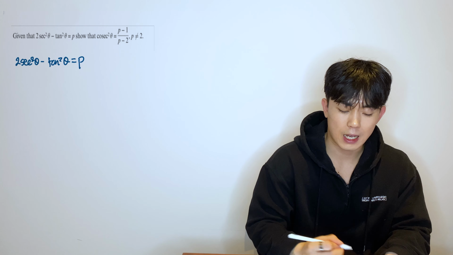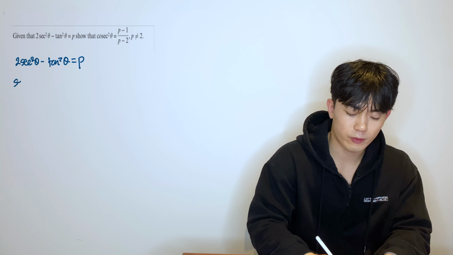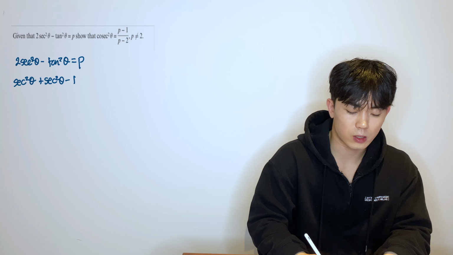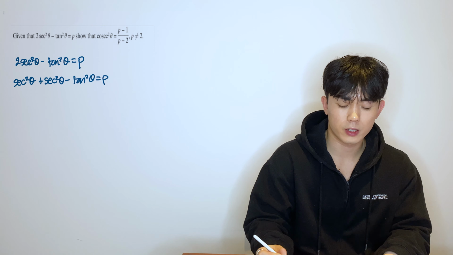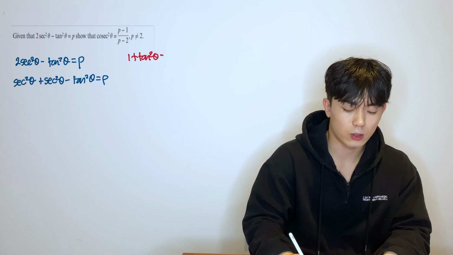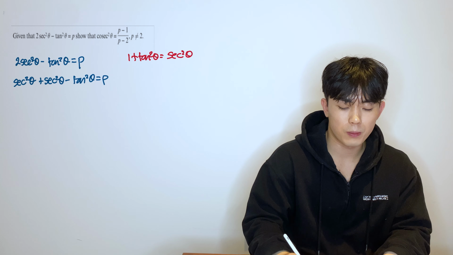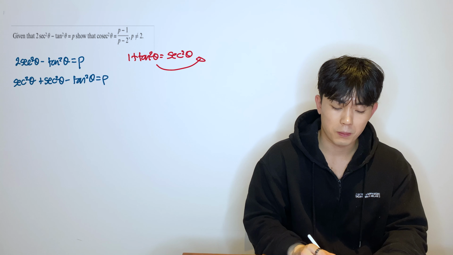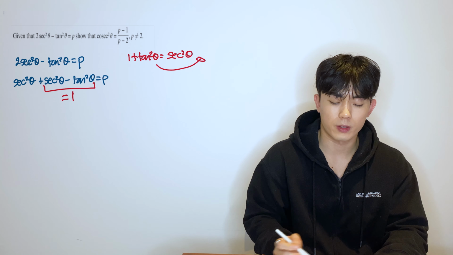First things first, I have 2 lots of sec squared, right? So I can replace it by saying sec squared plus sec squared minus tan squared is equal to p. And the identity we've learned is 1 plus tan squared is equal to sec squared. So if I move this tan squared to this side, sec squared minus tan squared is 1, meaning that this is equal to 1.